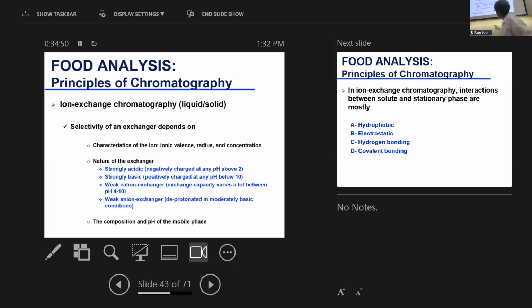Okay, so that is how I would choose strongly acidic, strongly basic, or weak cation or weak anion. If I just want to separate positive from negative and collect all the positive, collect all the negative, or the charged from uncharged, then I really don't care about having weak.